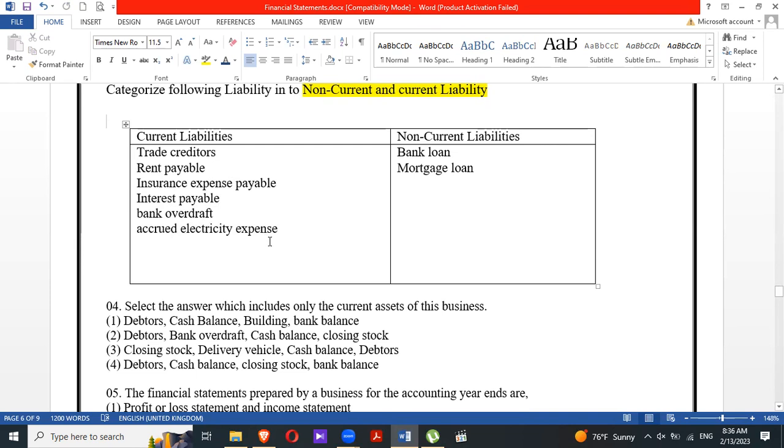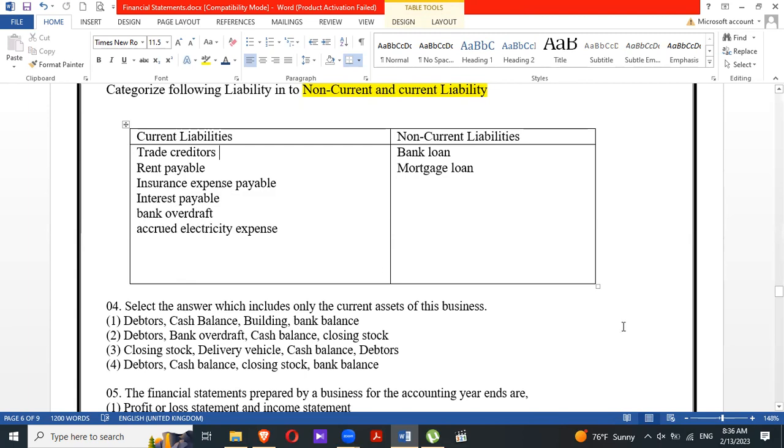All the accrued expenses, bank overdraft and trade creditors come under current liability. Bank loan and other loans come under non-current liabilities. Another word for trade creditors is trade payables. Both are the same, right?